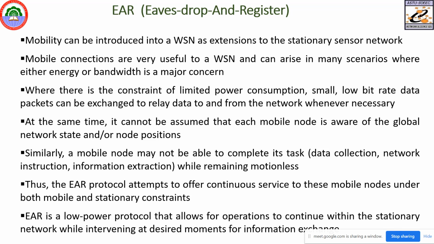When during the transmission a node is shifting from one location to another, if it is outside the range, then it may not transmit, so the transaction may be terminated in the middle itself. In such cases, this particular protocol will provide continuous services for the mobile nodes, where we have stationary as well as mobile networks.